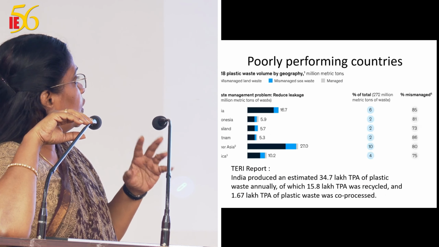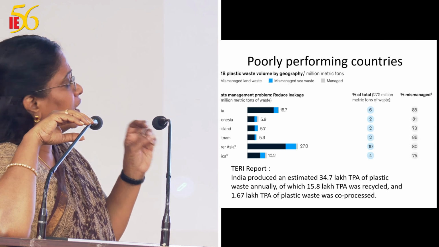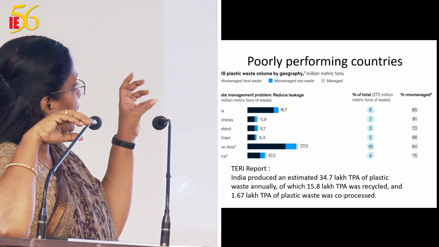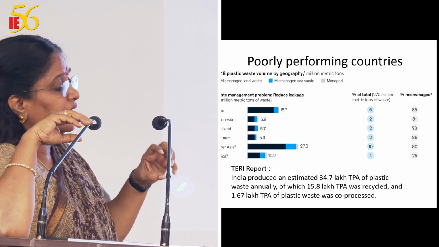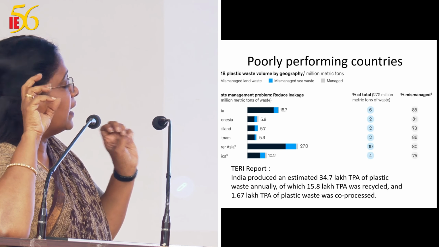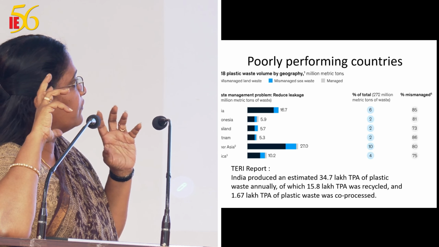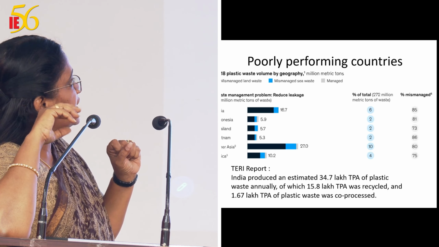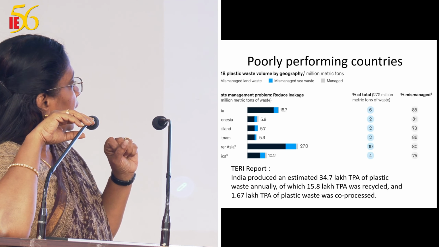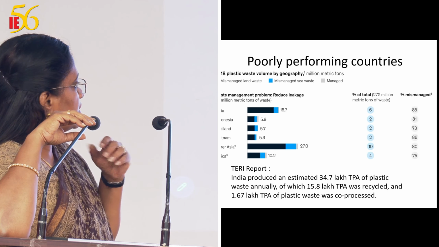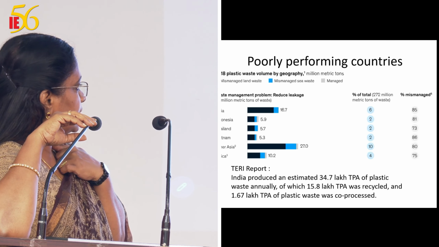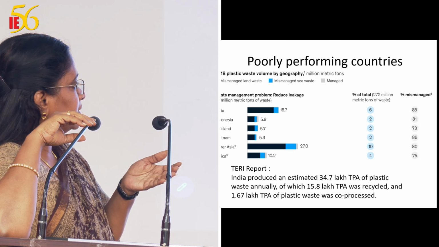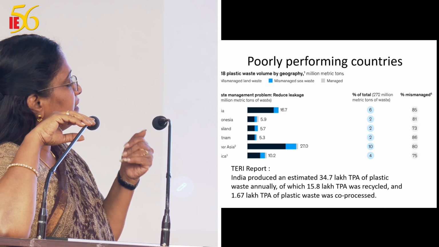And who are the poorly performing countries? We saw Africa, we saw in Asia, India, Indonesia, Thailand, Vietnam. They are all popping up as the countries to be watched out for these mismanaged plastics. And 34.7 tons of plastics are produced in India, 15.8 recycled.